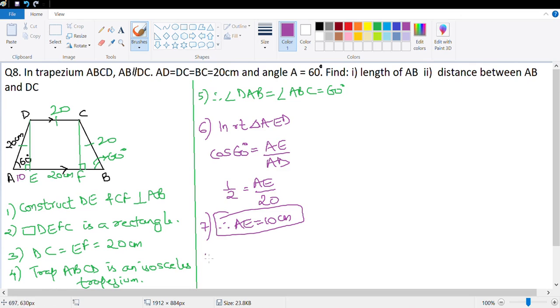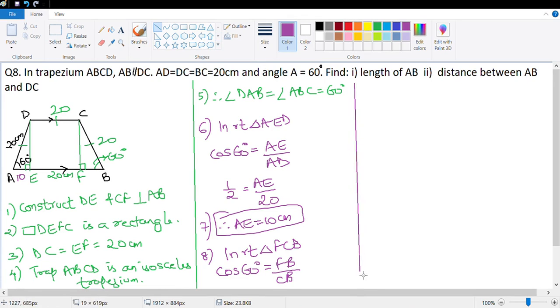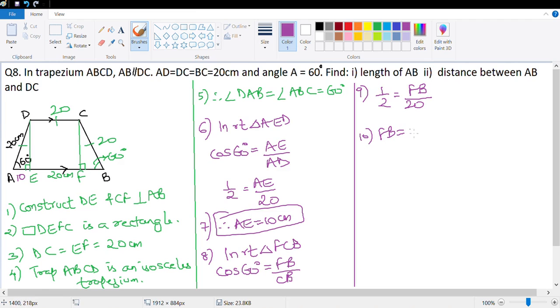So we've got the value of AE as 10. Let's use the same thing in the other triangle. In right triangle FCB, again I need to find the base, which means cos 60 degree is equal to FB upon CB. Cos 60 degree is equal to half, FB we don't know, and CB is 20, which means FB is also equal to 10 centimeter.